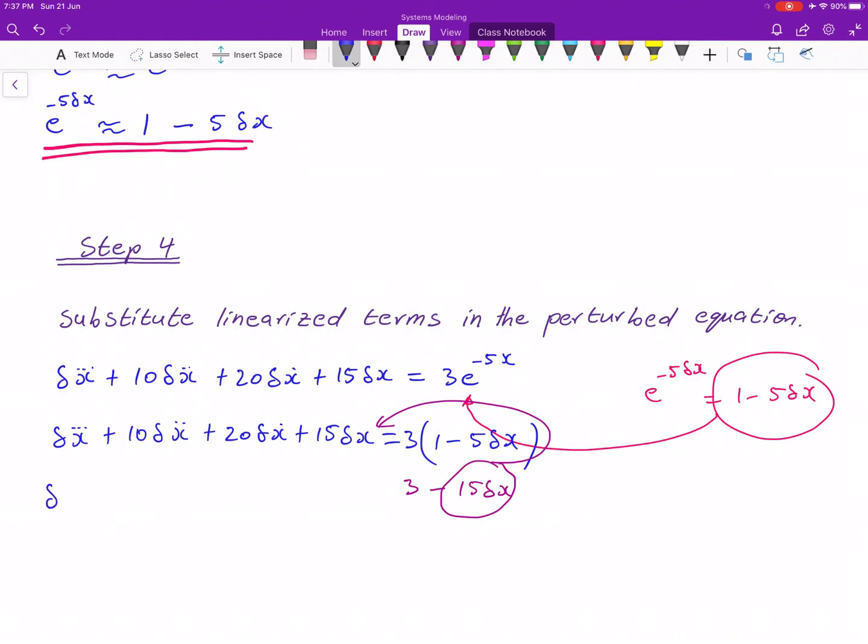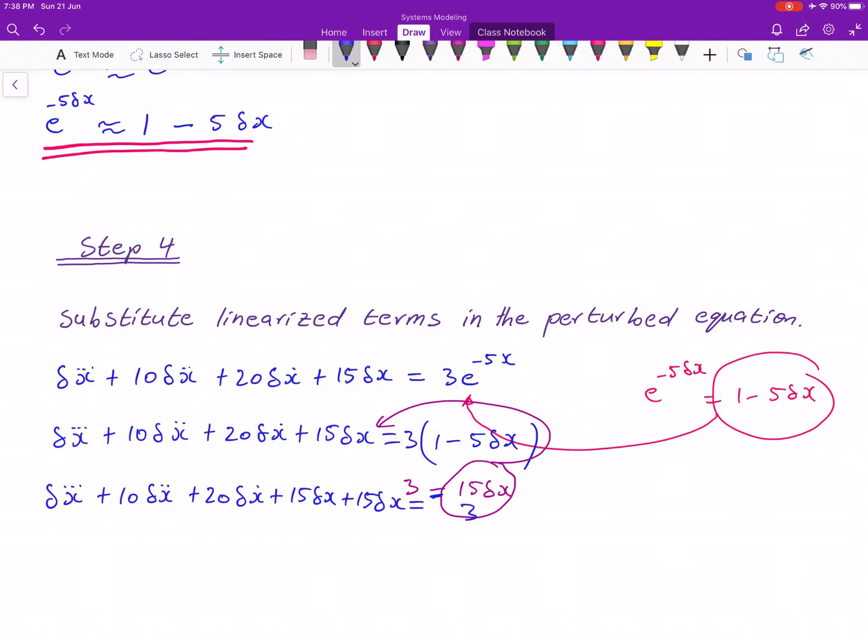So we're going to have delta x triple dot plus 10 delta x double dot plus 20 delta x dot plus, because here we had a minus, 15 delta x plus 15 delta x, is equal to 3.